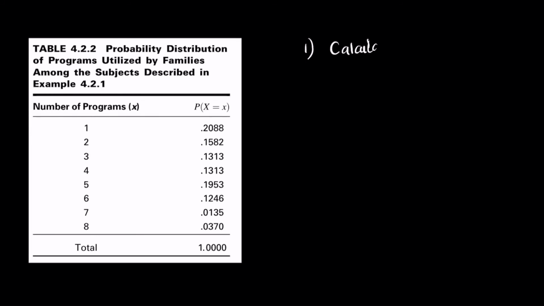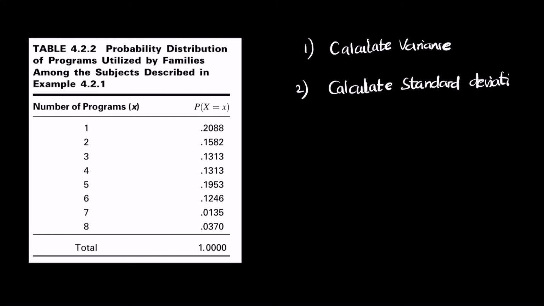Number 1, calculate the variance. Number 2, calculate the standard deviation. So calculate the variance and the standard deviation. Pause the video right here and try to solve this problem.